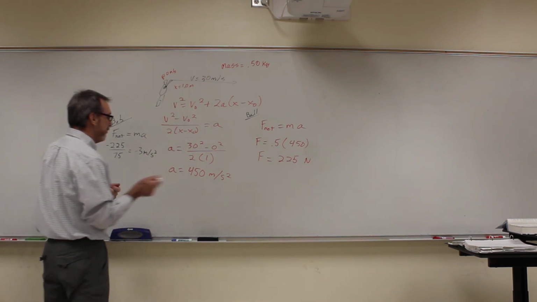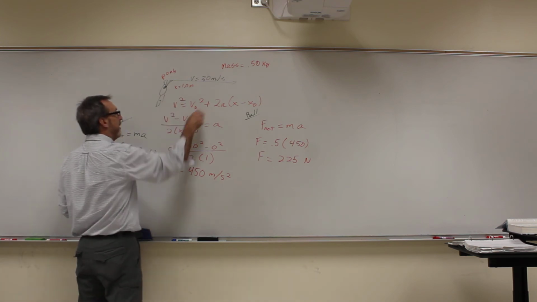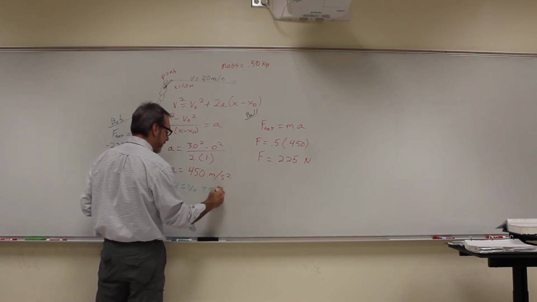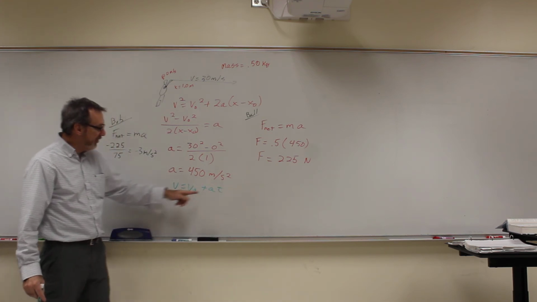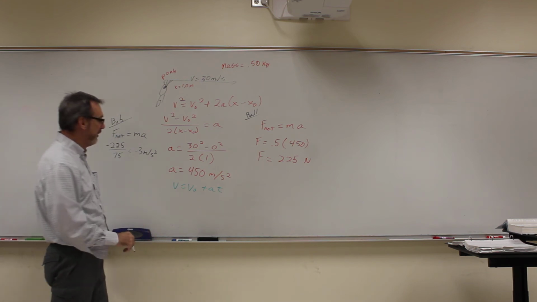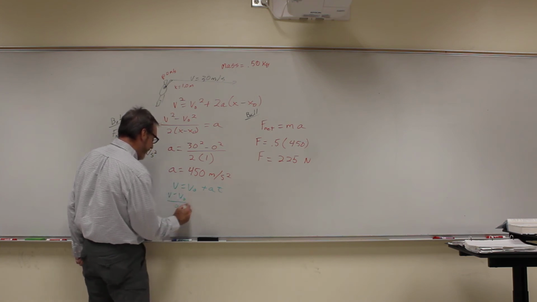So I'm going to figure out the time, let me do this in green, from the first part. So if I do this constant acceleration equation again, I can solve this for t. Figure out how long it took his arm to throw that ball. If I solve for this, I get (v minus v naught) divided by a is equal to t.